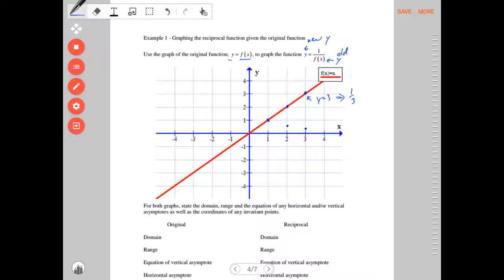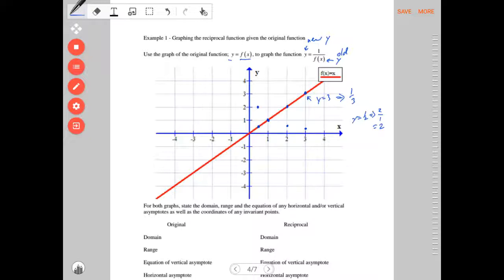Interesting. Now this is where it gets kind of weird. Look at the y value right there. It's 1/2, so the reciprocal of 1/2 is 2 over 1, or just 2. So at that point, the y value is 2.